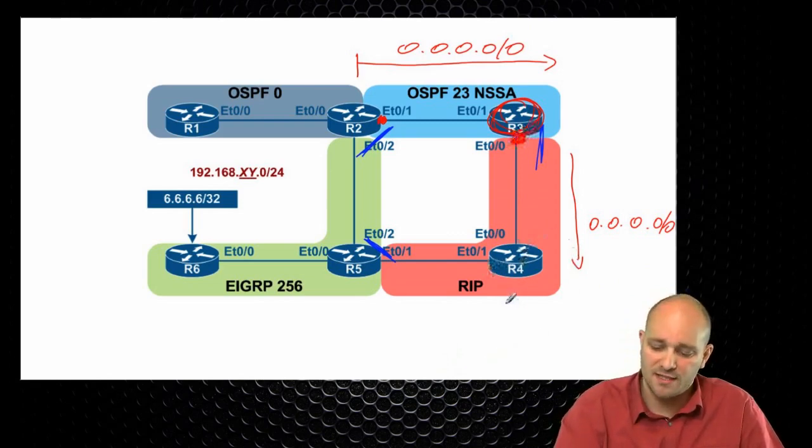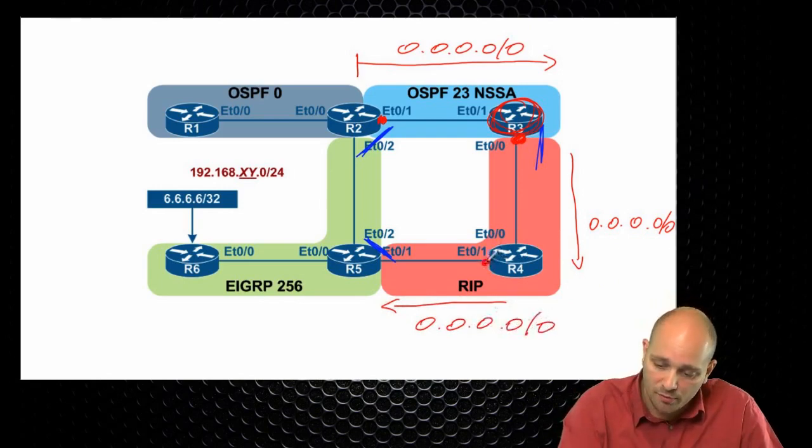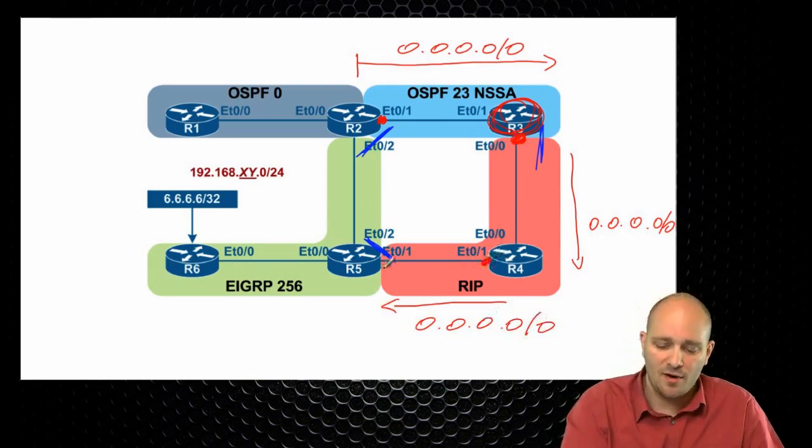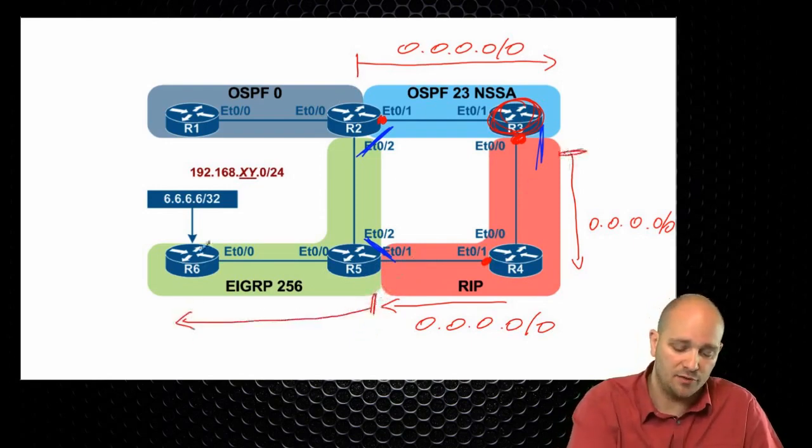R4 here advertises this route to R5, and this is the next hop for that default route. That's all good. Now, this route, being an original OSPF route, is now going to be redistributed into EIGRP and advertised to R6.